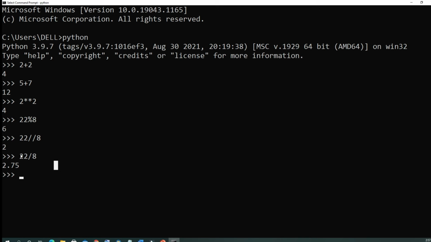And the next one, 22 divided by 8, being the main division, gave us 2.75. So this one is a floating point division, because it gives us a float, and the first one gives us an integer.